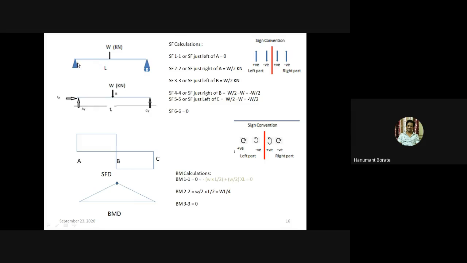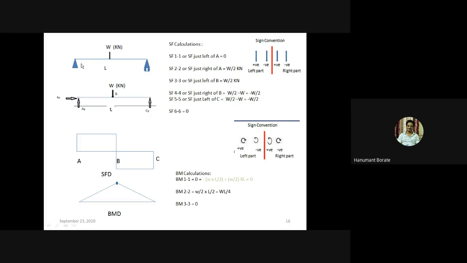Suppose we take a section at a distance of L by 2 and calculate the bending moment, at this point we will get the value W by 2 into L by 2, meaning we will get WL by 4, sorry, WL by 8.